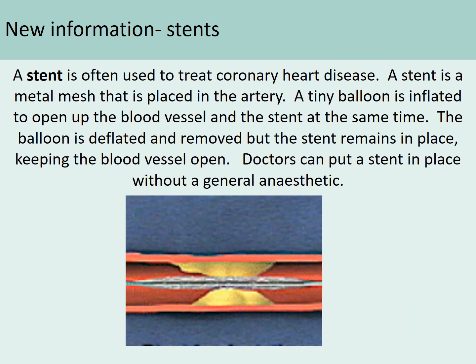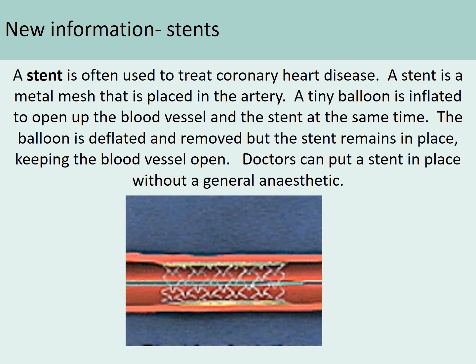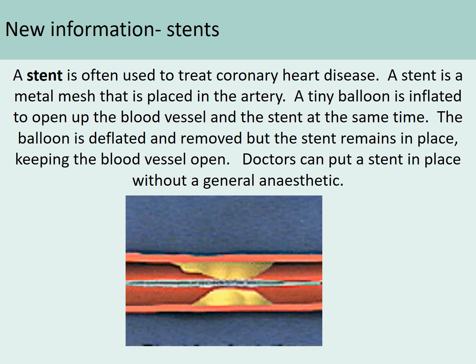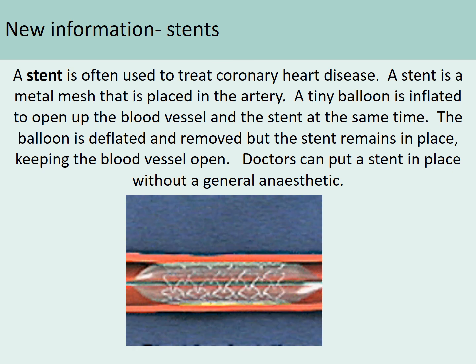Now, there are ways in which we can actually treat this coronary heart disease. So coronary heart disease is one of the biggest killers in the Western world, and that's because of our diet and lack of exercise, alcohol consumption, smoking, things like that.